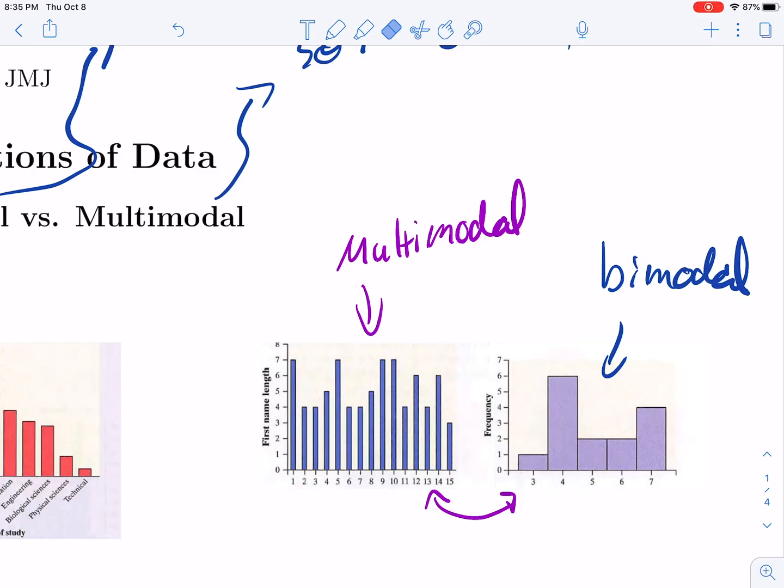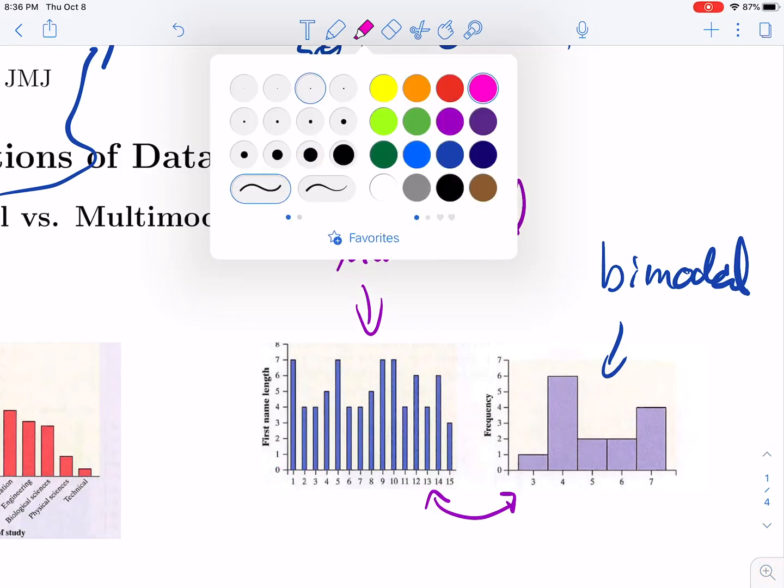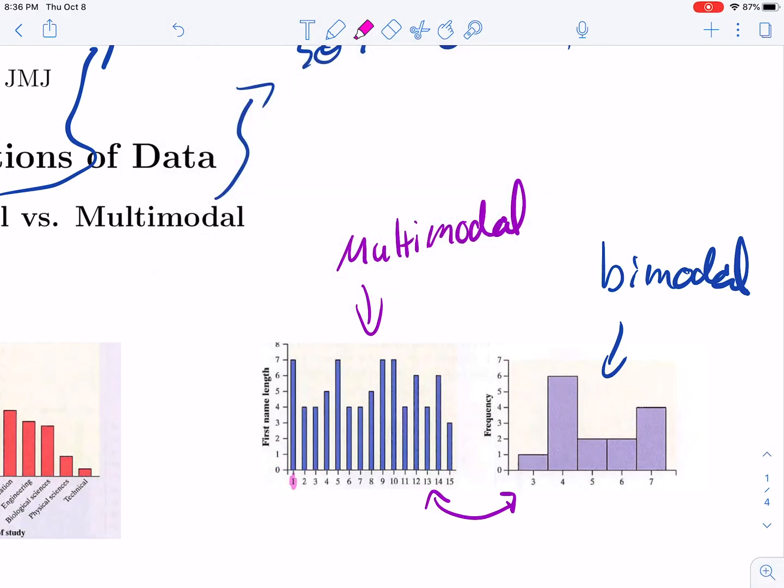This one is talking about the frequency of the length of a first name. So, for instance, a first name with length 7 happens 1, 2, 3, 4 times. So length 7 happens 4 times.